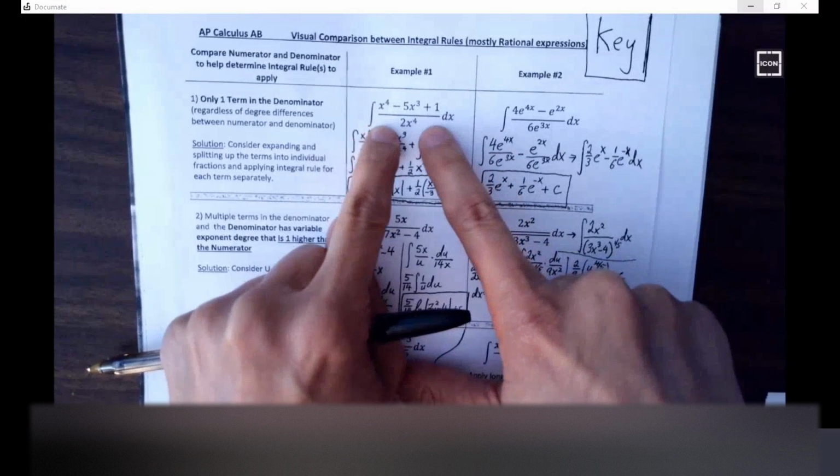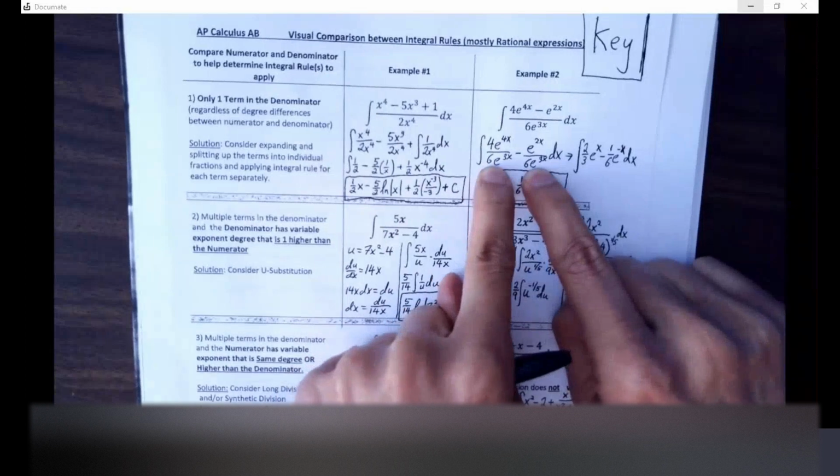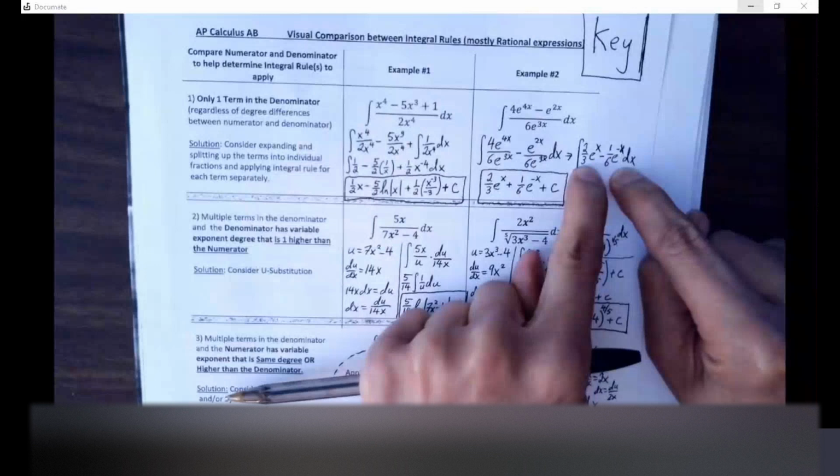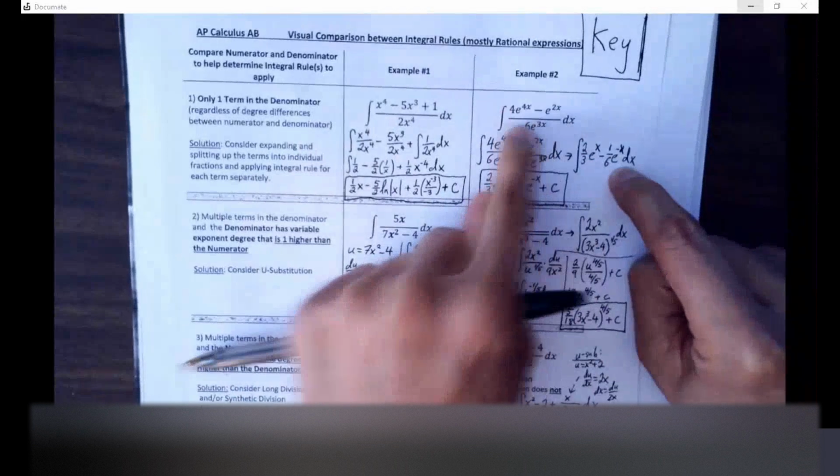Expansion, power rule is going to be our first option. That also kind of applies with e. If I only have one term involving e, I also want to spend the time to separate into individual terms, because once it's separated, then I can treat each like an individual problem rather than one extended problem.